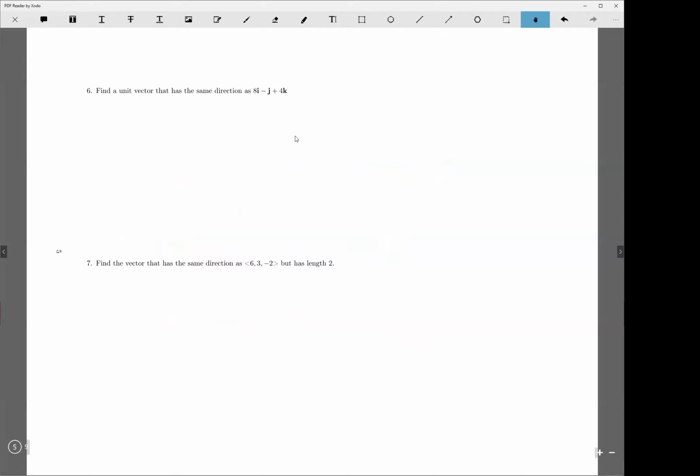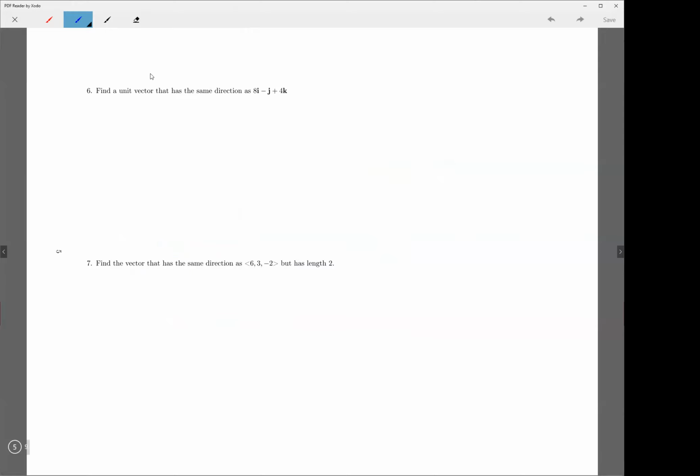So let's go to number 6. Find a unit vector that has the same direction as this vector. Okay, so you remember that vectors have direction and magnitude.